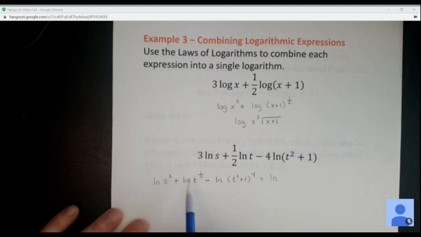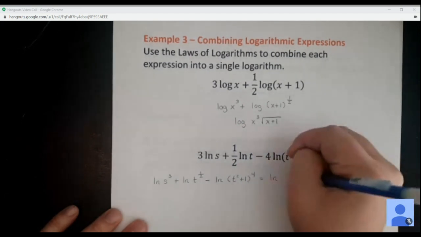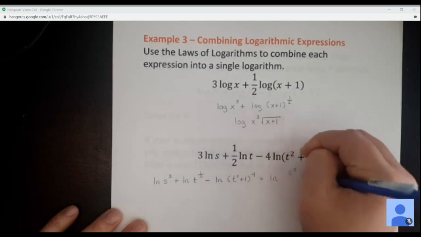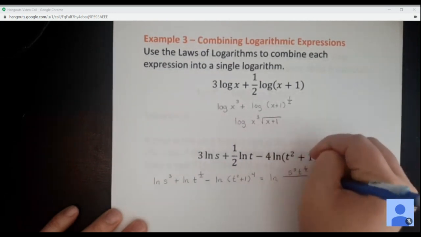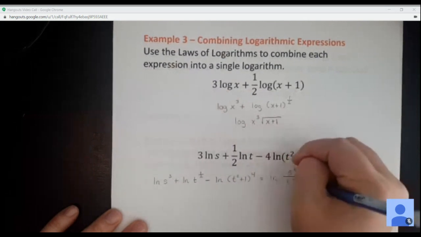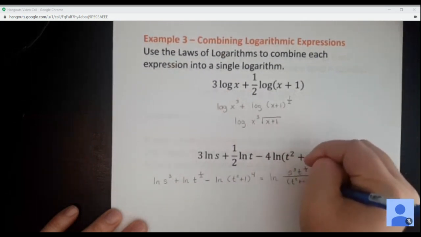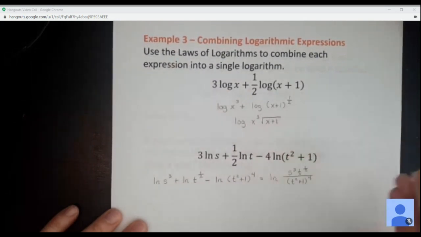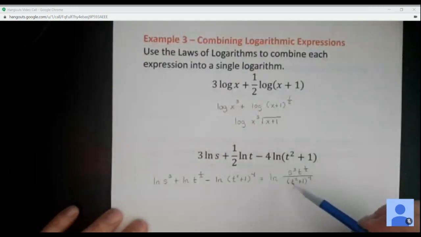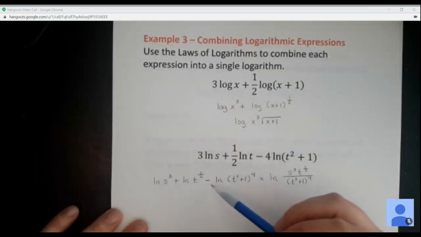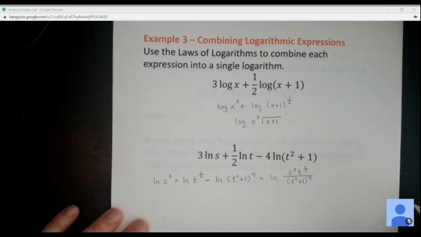So I'm going to multiply these 2 things, and then I'm going to divide by this one. So I'm going to put s cubed t to the 1/2 over, and then I'm going to put all of this t squared plus 1 to the 4th in the denominator this time. Right? So I'm multiplying these, dividing by this one. That takes care of the addition and the subtraction this time.